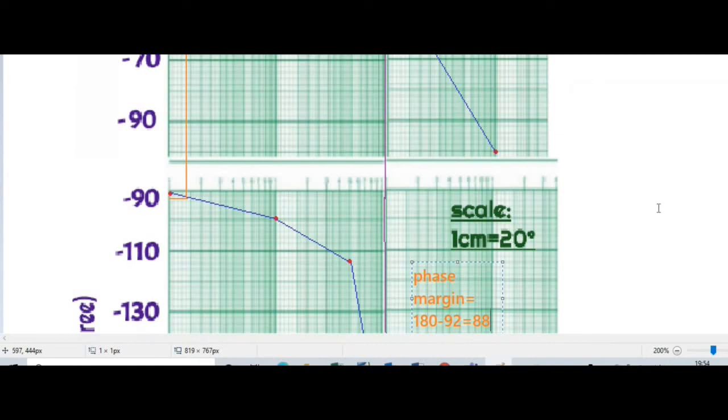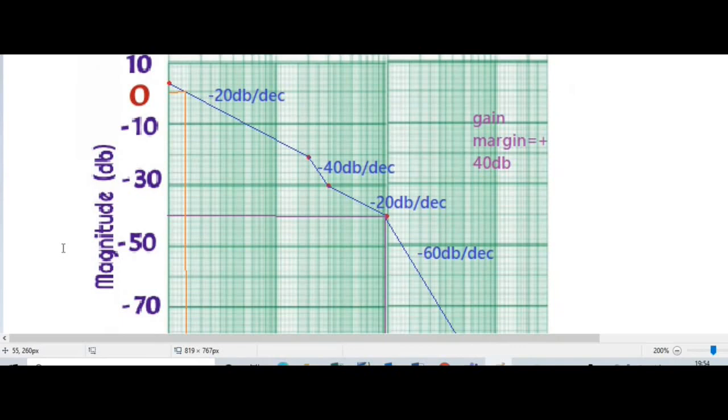How can we find the gain crossover frequency? For the gain crossover frequency, we have to choose the frequency of the vertical line that moves from this magnitude plot towards the phase plot. So the gain crossover frequency is 0.15 rad per second.